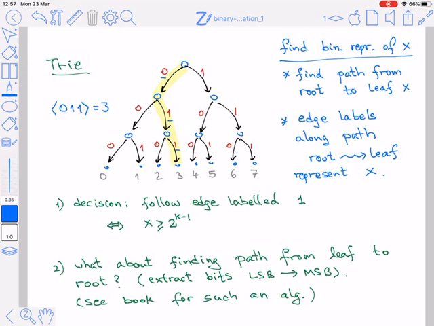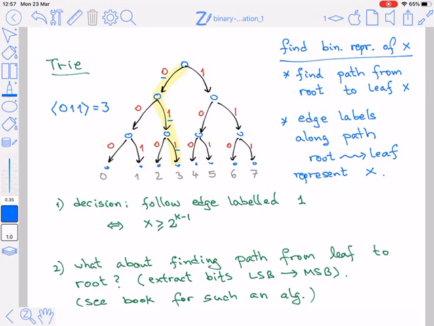So I made sure that every path is labeled by bits that represent the number that is written in the leaf. So now, in order to find the binary representation of x, all I need to do is find a path from the root to the leaf that is labeled by x, as I did here. I went from the root and went to the leaf whose label is 3.